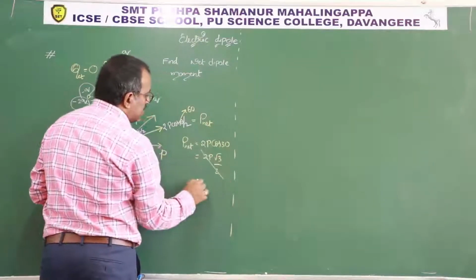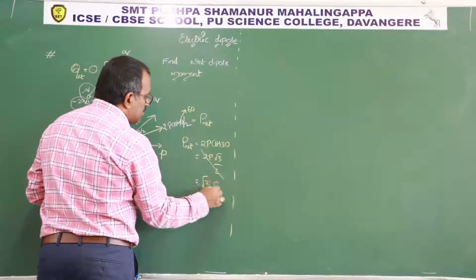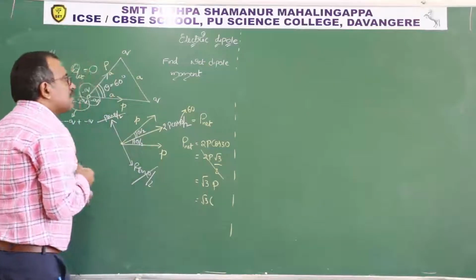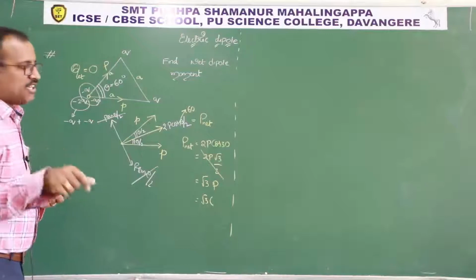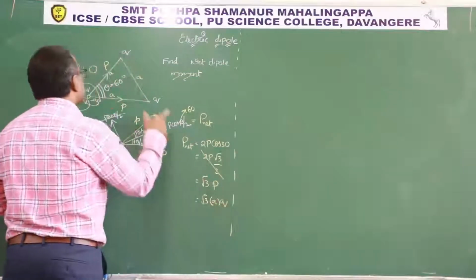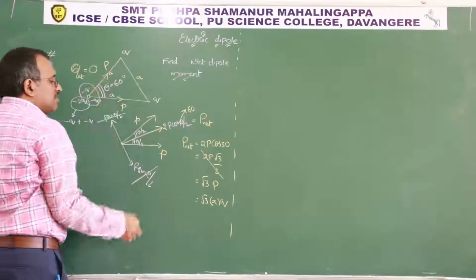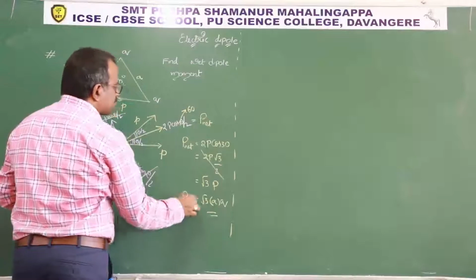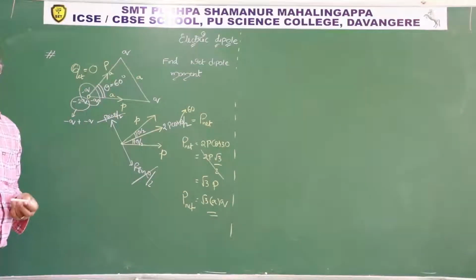The 2 gets cancelled. Hence it is root 3 P. Finally root 3 P is the length of the dipole into Q, which is A into Q, because A I took here. So this was the masterpiece answer. Hope you understood.